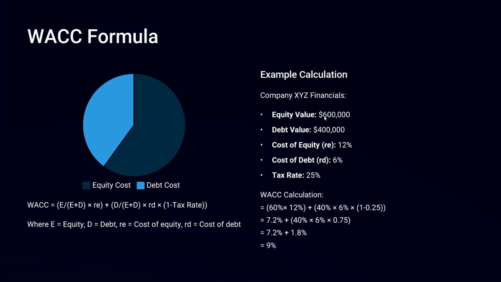So 600 divided by 1 million gives 60%, multiplied by the cost of equity, 12%, plus 40%, which is the proportion of the debt, multiplied by the 6% cost of debt, times 1 minus the 25% tax rate. And we get a WACC of 9%. This means investors expect a 9% return on their investment in company XYZ.